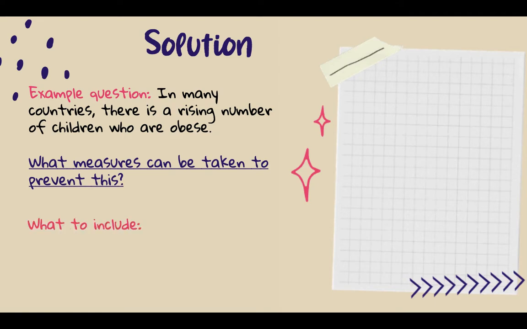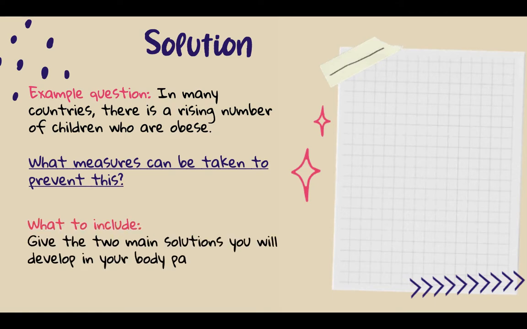So in your thesis statement, you have to give the two main solutions you will develop in your body paragraphs. Again, your essay might have more than two solutions. However, you want to pick your principal solution from body paragraph 1 and your principal solution from body paragraph 2.